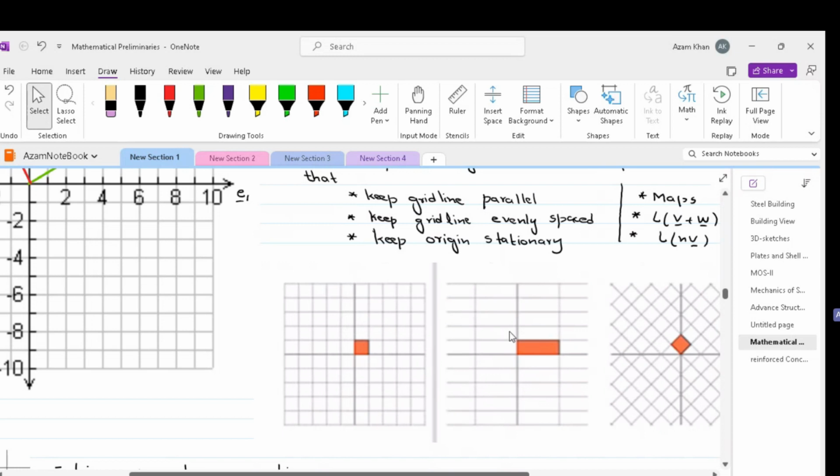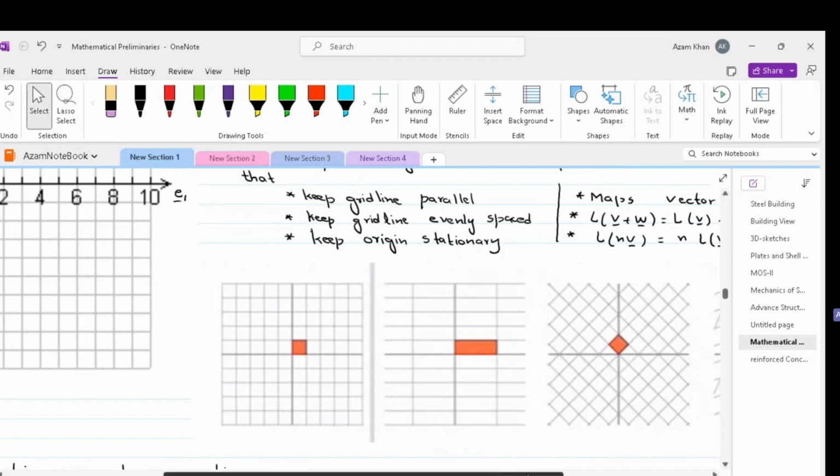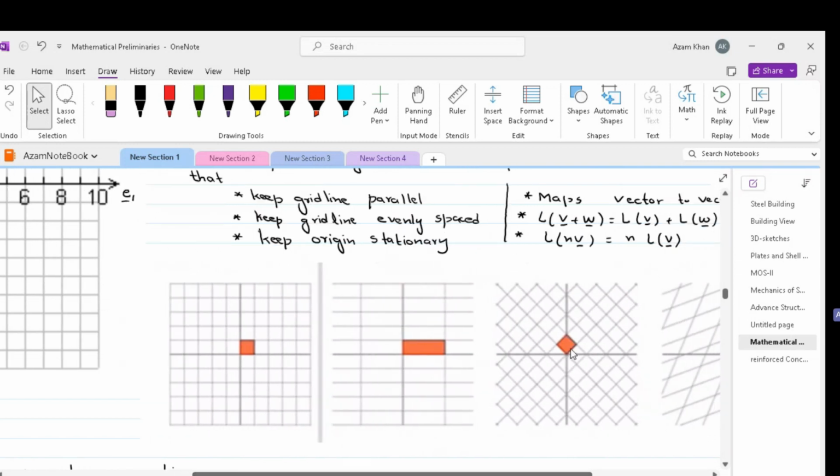Also, the grid lines are evenly spaced. It hasn't destroyed the distance between the grid lines, and the origin stays the same. Similarly, these vectors can be converted into a diamond shape after applying the linear map. That means that a shear deformation has taken place.